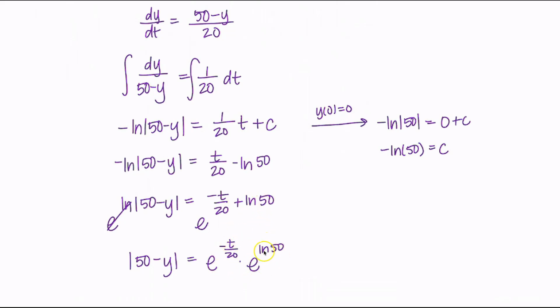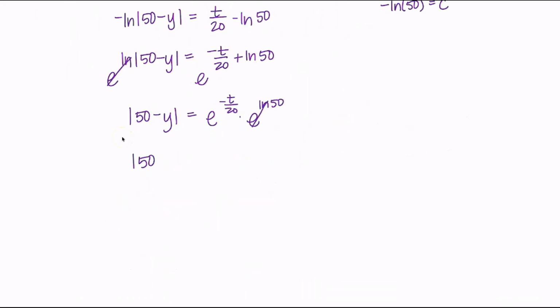I'm taking it apart because e to the natural log right here would cancel. We can't cancel it up here because there are these two terms in the exponent, but here I can. And so we need some more space. We have absolute value of 50 minus y so far is equal to 50 e to the negative t over 20.